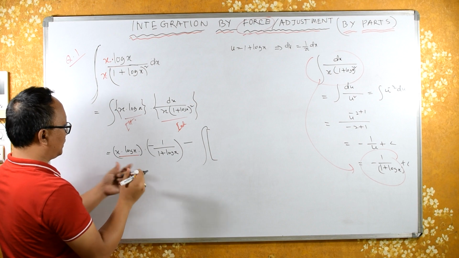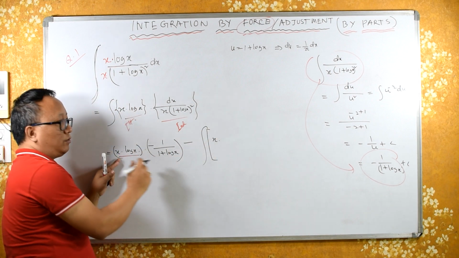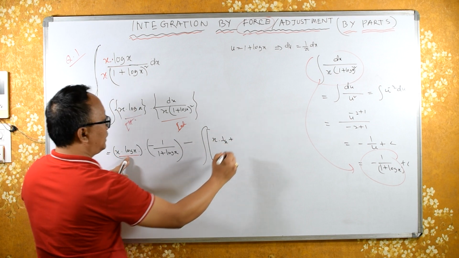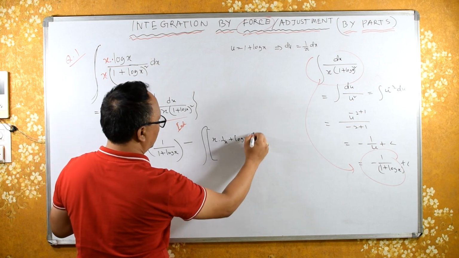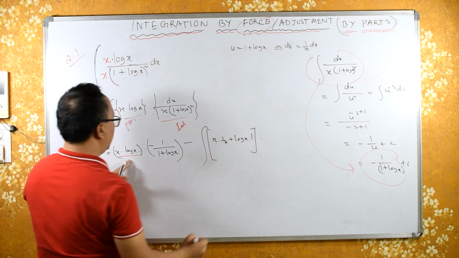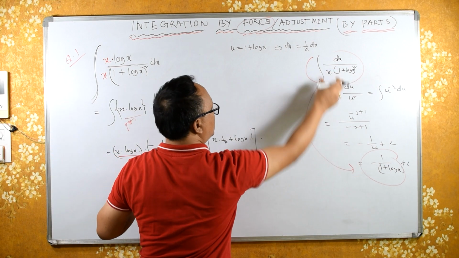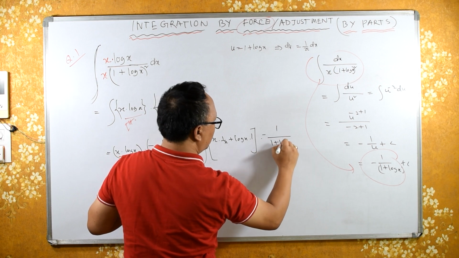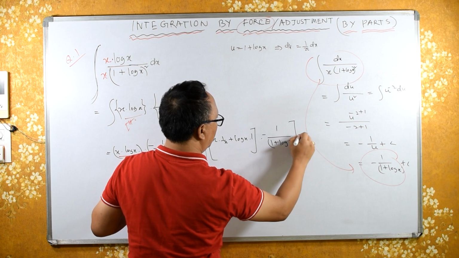Since it is the first function, x into d by dx of log x is 1 by x, and then plus log x into d by dx of x, which is 1, into the integral of the second function, which is minus 1 upon 1 plus log x, whole dx.